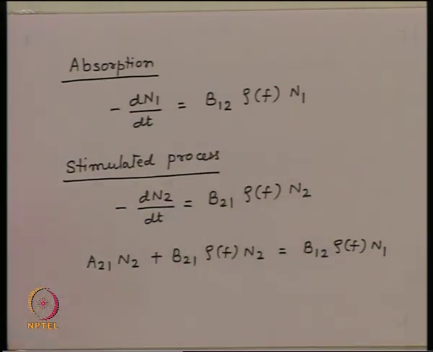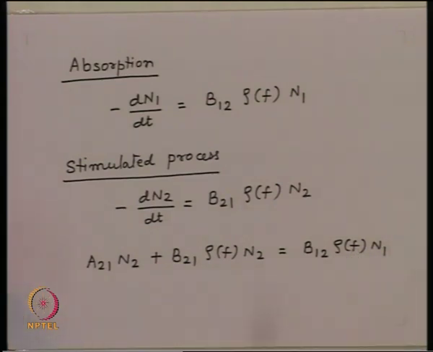And then we said at thermal equilibrium, the downward processes must be completely balanced by the upward processes. So, we got this equation, where these two processes are downward processes, spontaneous emission and stimulated emission, and this is the upward process, which is the absorption process.